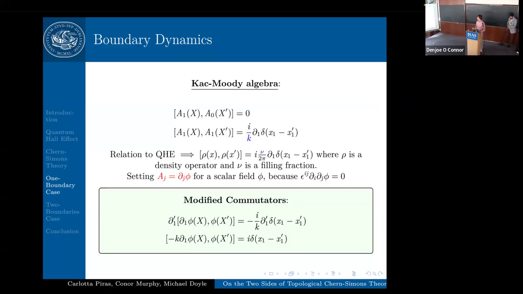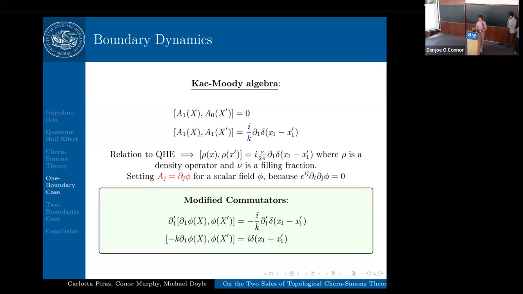And then if we go on and express this A as a derivative of a scalar field, as we were able to do from the on-shell broken Ward identity, we obtain these modified commutators down below.